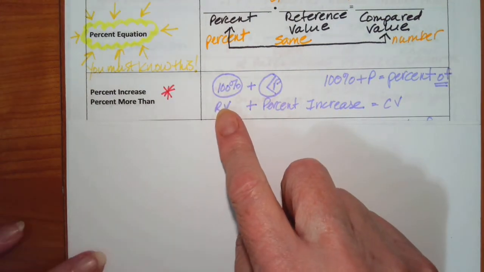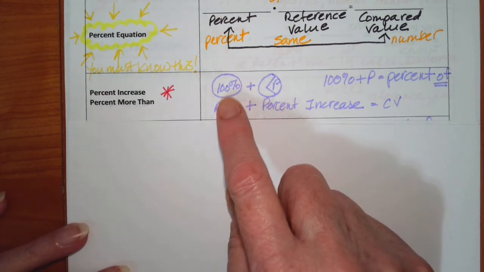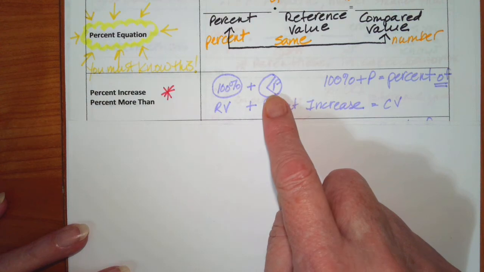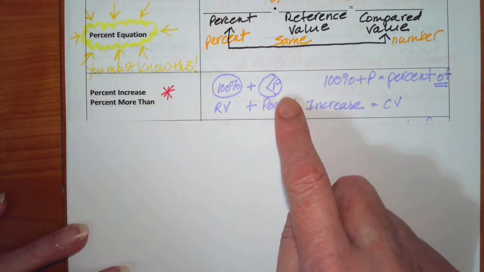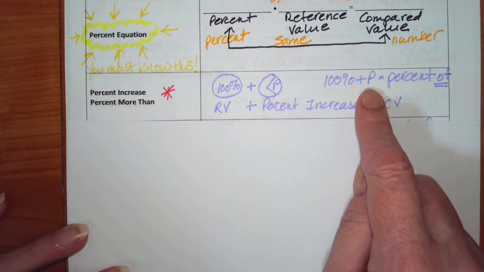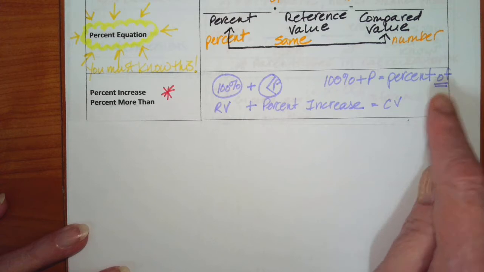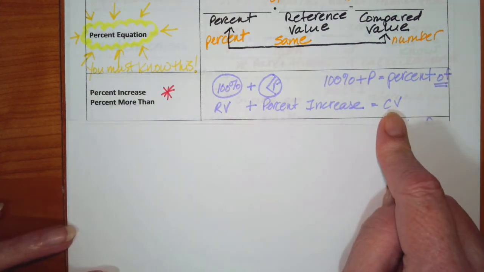Your reference value is what you're starting with. What are you increasing? That's going to be 100% plus the percent of the increase. So say this is a 20% increase. It would be 100% plus 20%, and that would be the percent of. And that percent is going to deal with the compared value.